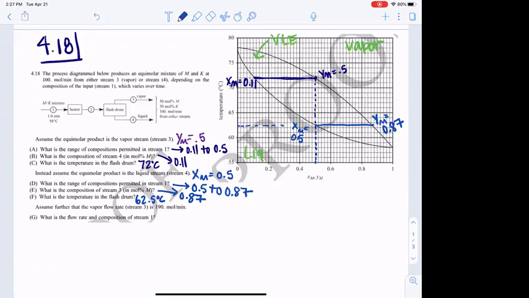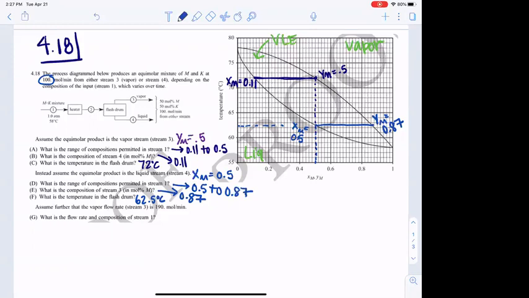Okay, so now the last thing we need to do is use our lever rule. So we're asking for what is the flow rate and composition of stream 1, given that our vapor flow rate, so our flow rate in stream 3, is 190. And just remember that we are given that whatever stream is 0.5 has a flow rate of 100 moles per minute.